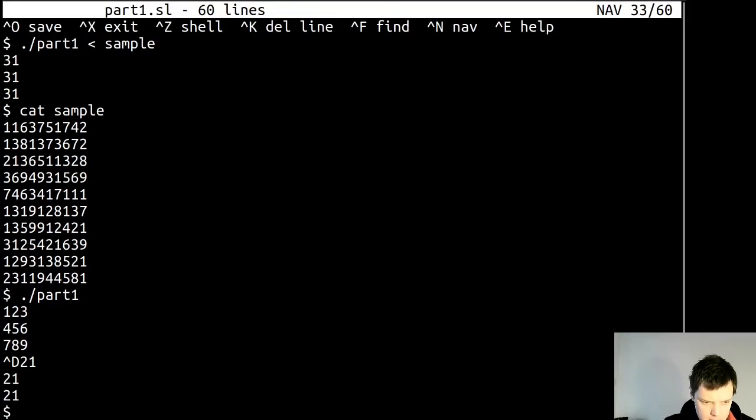21, what's that then? It's not subtracting off the 0. Oh, I didn't recompile it.